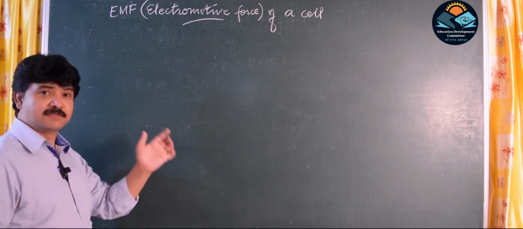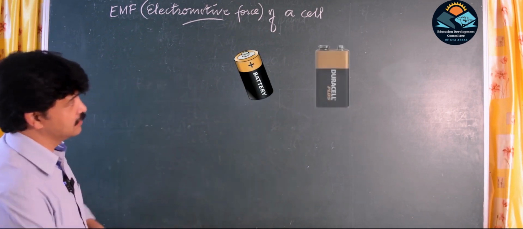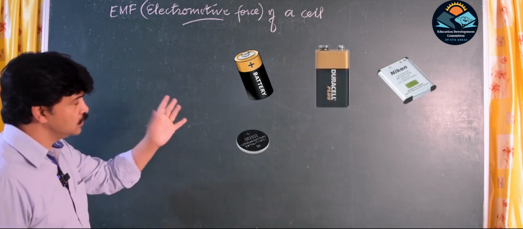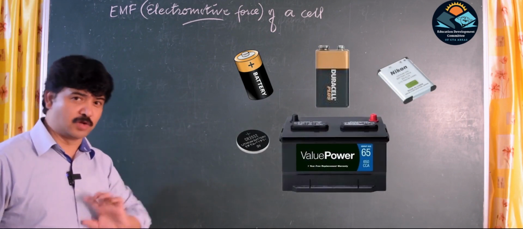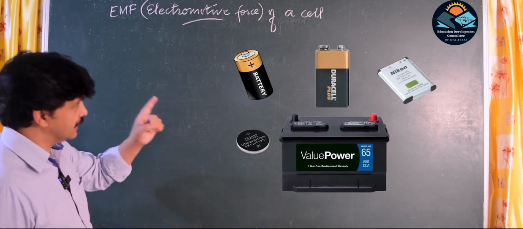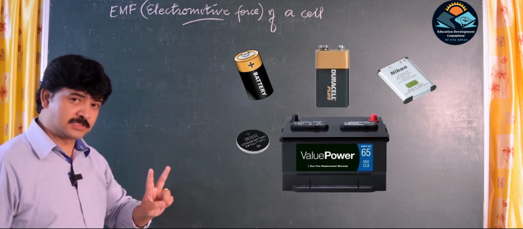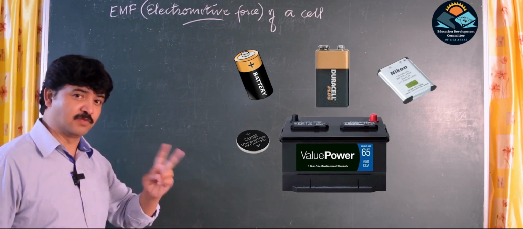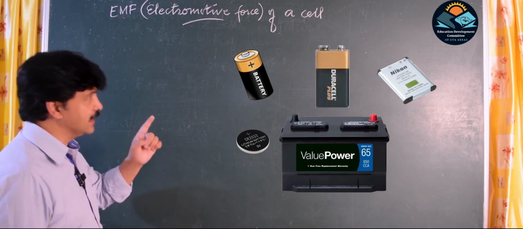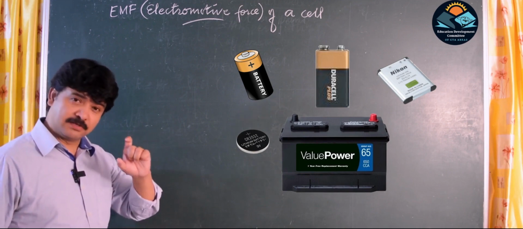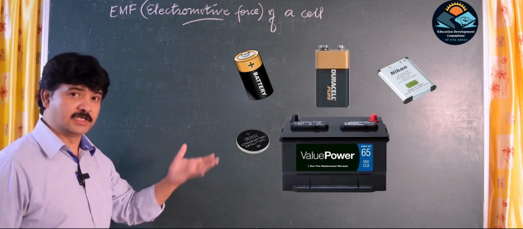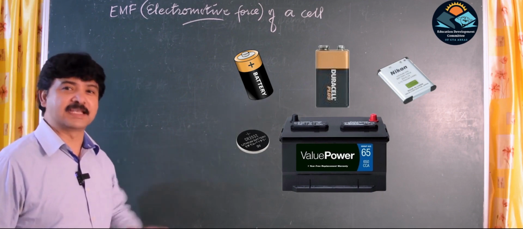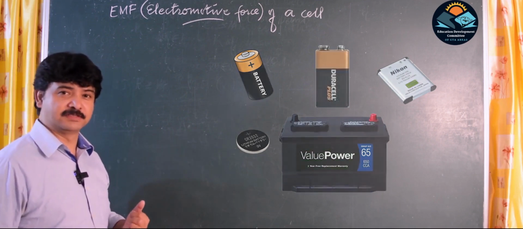We have different kinds of cells which you can see out here also. Although they look different, they all have few things common. They all have two electrodes, one positive and one negative electrode, and they all have one or a mixture of chemicals, and that's called electrolyte or exciting liquids.